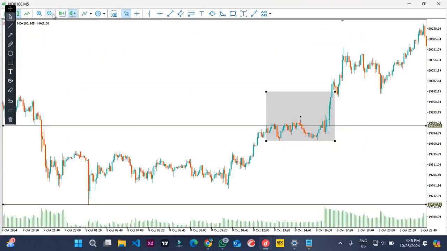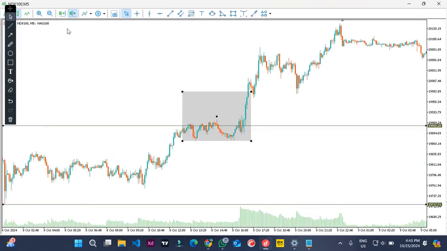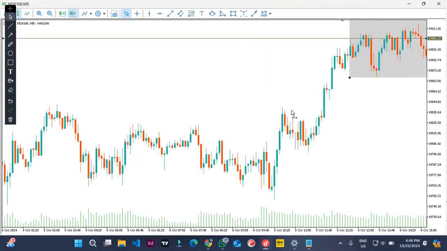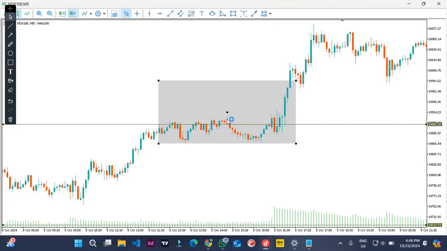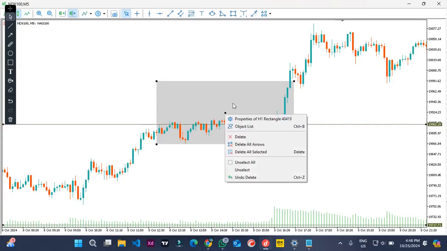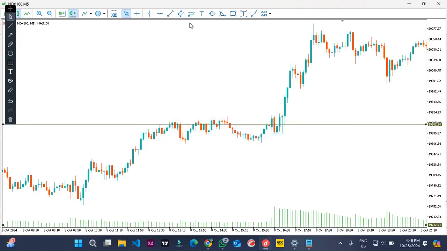What do we have here? This is the breakout. It came back and went back in, and you can see there's a close above. That's what we were looking for. This is a close above. It came back in, then it went back up and closed above, and then you can see another one here.